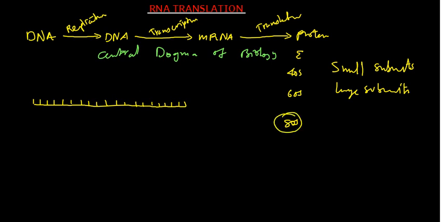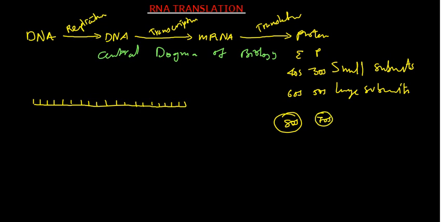Of course, this is not a mathematical sum; 40S plus 60S in mathematics is 100S. For prokaryotes, the small ribosomal subunits are the 30S, while the large ribosomal subunits are the 50S, and the combination of this forms the 70S. And so this is simply a ribosome.